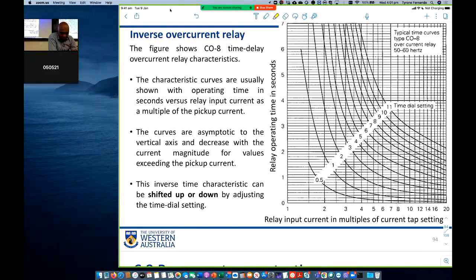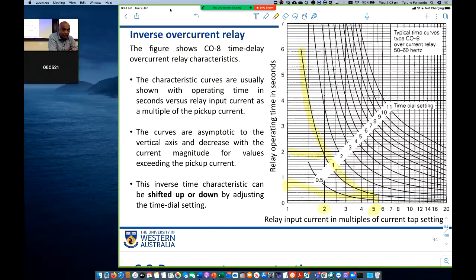So you can see for large, so think about one of these curves. What does it say? If the pickup current is small, the operating time can be bigger. If the pickup current is 5 times bigger, then the relay operating time is shorter.